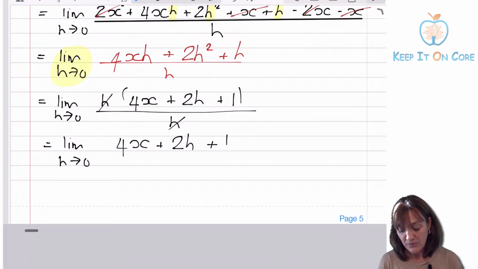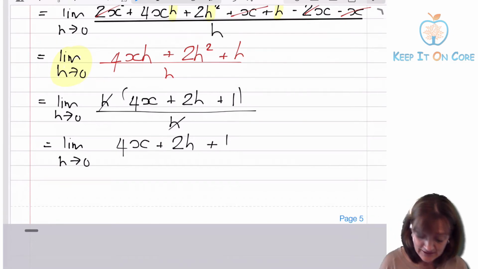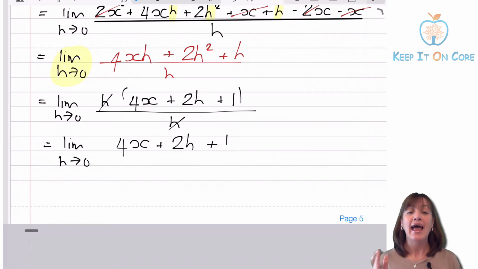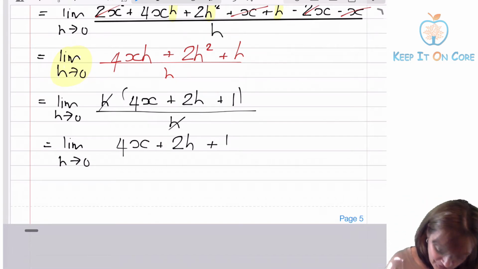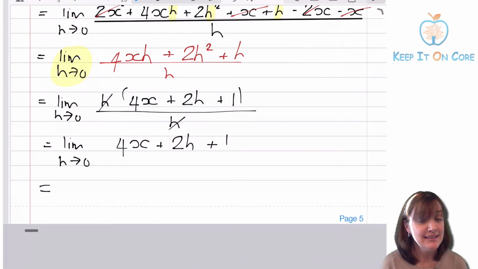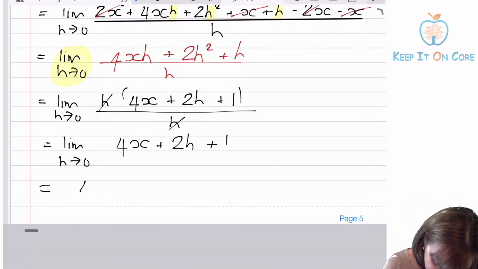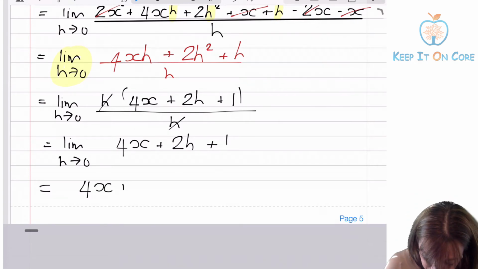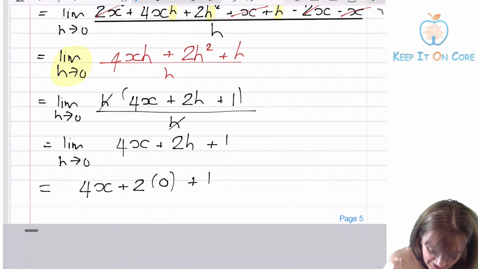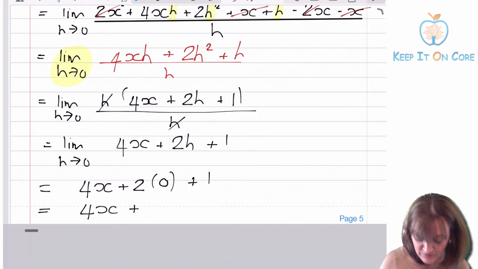Now we are ready to take that 0 and substitute it into the h of my equation. And it's at that point that you no longer need to write the limit anymore. So we just write equals, and we say 4x plus 2, but now instead of the h we've got 0, plus 1, and that simplifies then to just 4x plus 1.